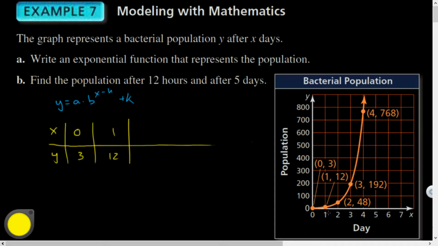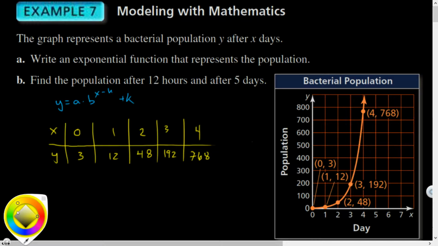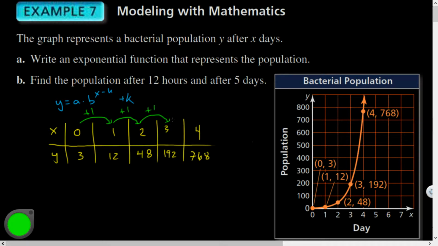So that means 1 day later, their population was 12. It doesn't say that this was 12 in thousands or millions, so I'm assuming that literally that's what they mean, just 12. On day 2, it was 48. On day 3, it was 192. And on day 4, it was 768. So notice that the x intervals are in fact consistent. They're going up 1: plus 1, plus 1, plus 1, like so.